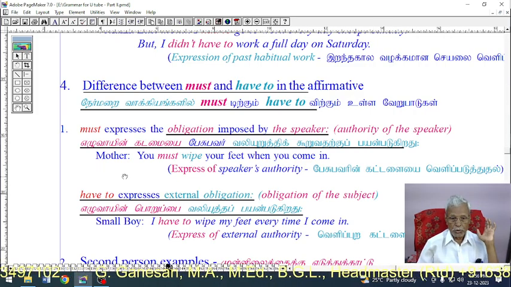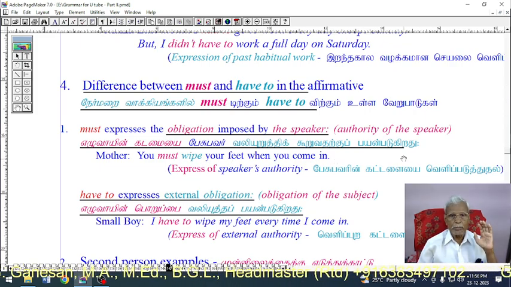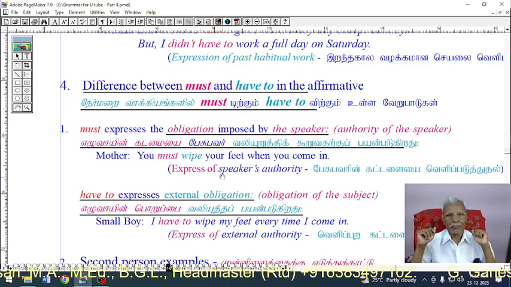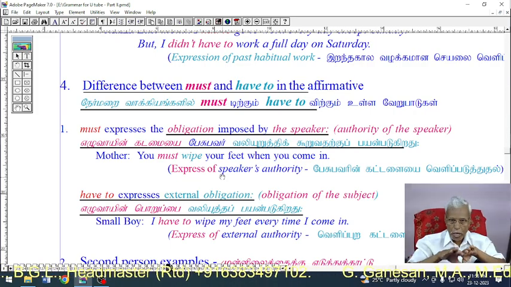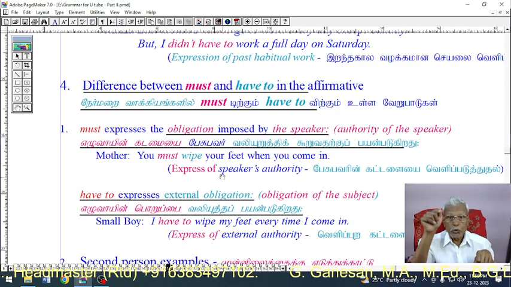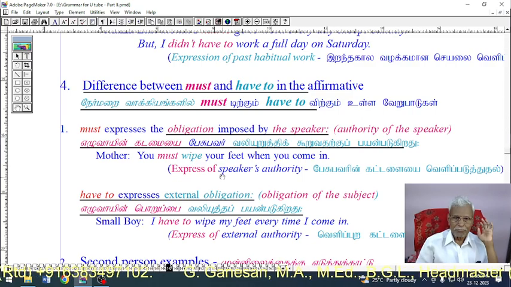Mother: you must wipe your feet when you come in. The mother orders. It is the authority of the mother. It is the order of the mother.